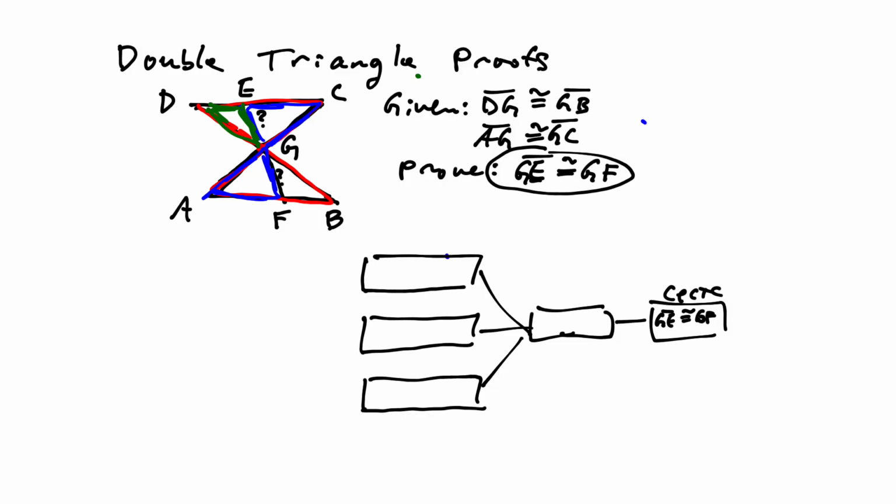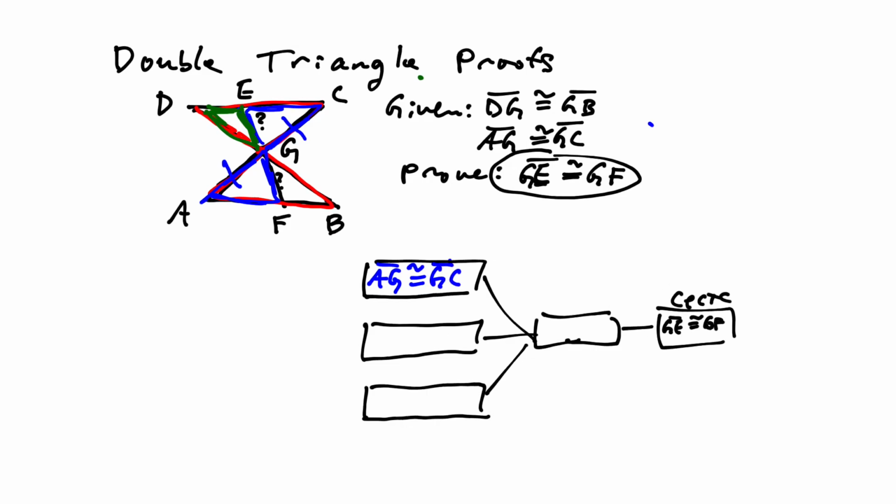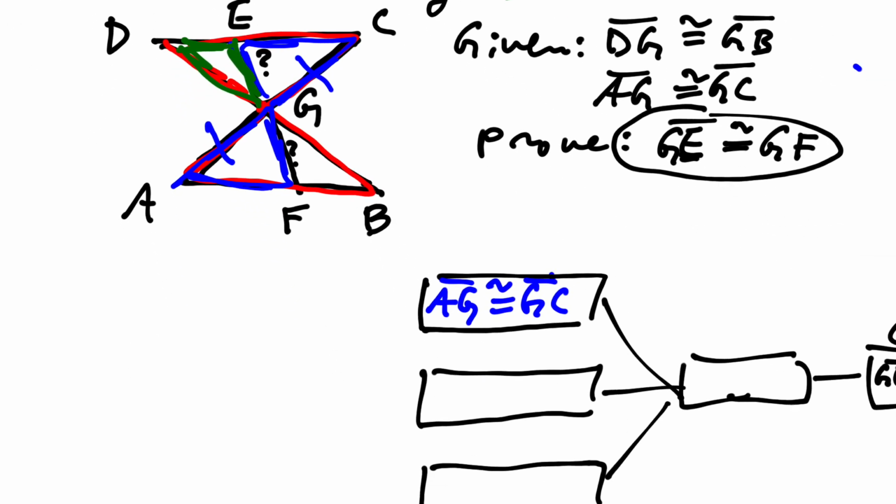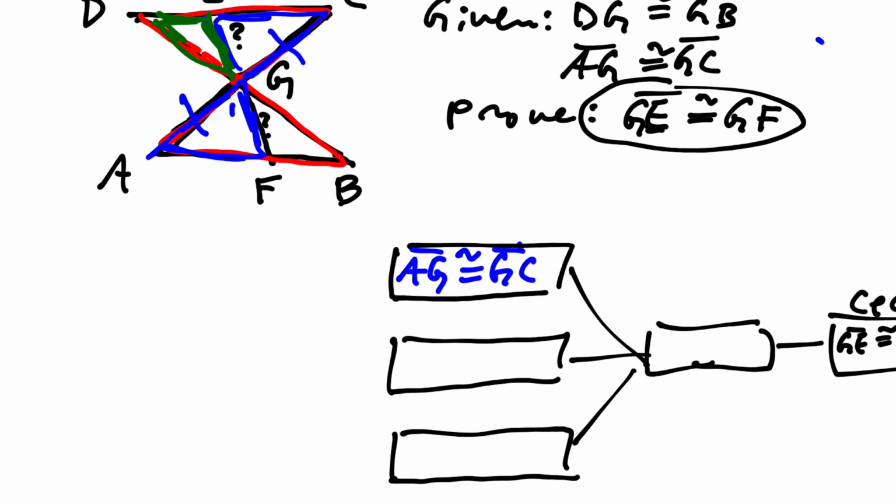Let's see. AG is congruent to GC. Well, that's good. In other words, I am 1/3 of the way to my proof. Also, I hope you don't mind, I'm going to write numbers here.